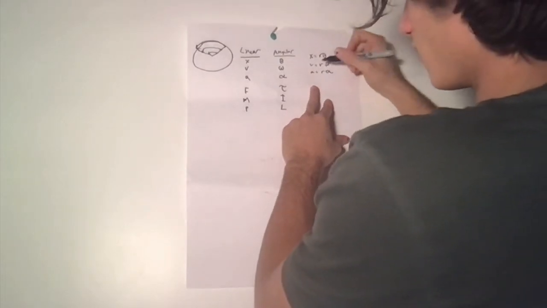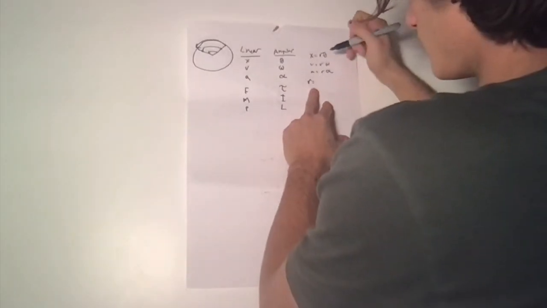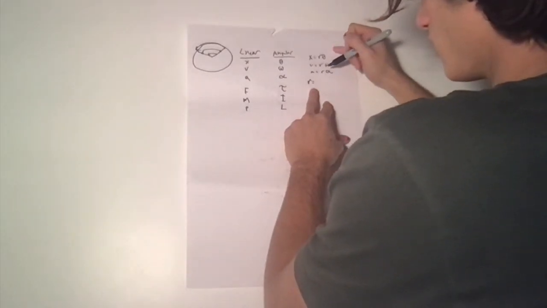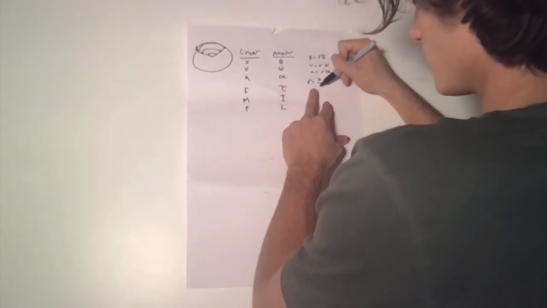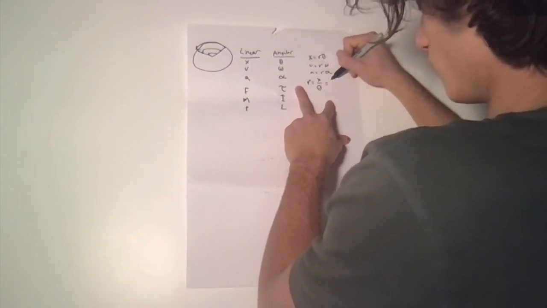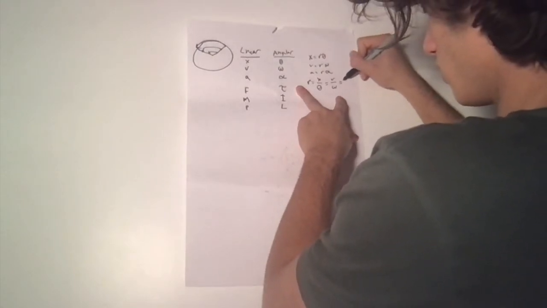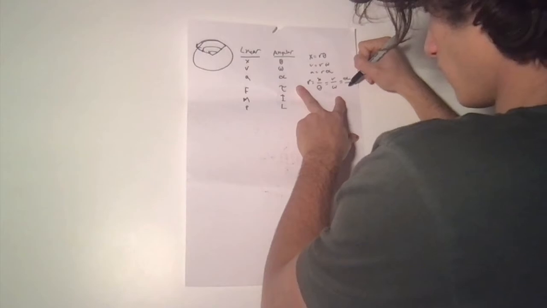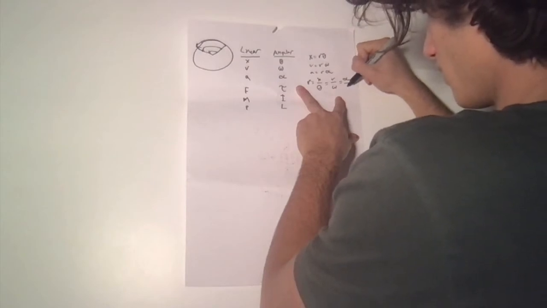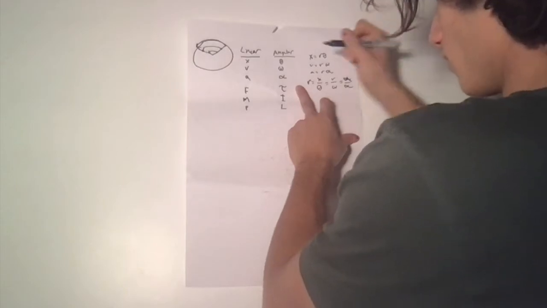So then we can say that r, the radius, is equal to x over theta, which is equal to velocity over omega, which is equal to acceleration over alpha.